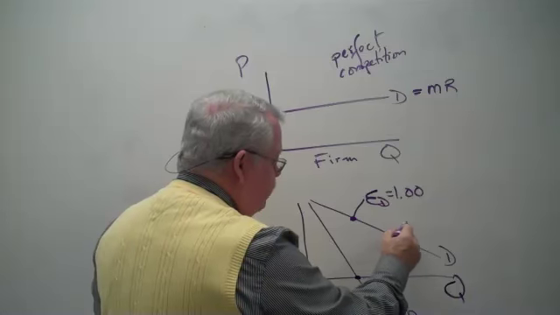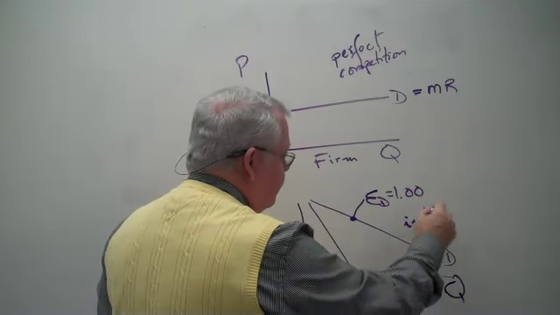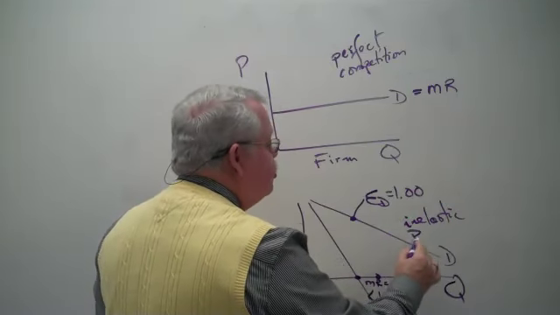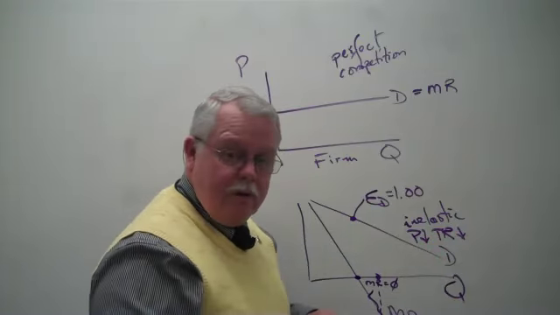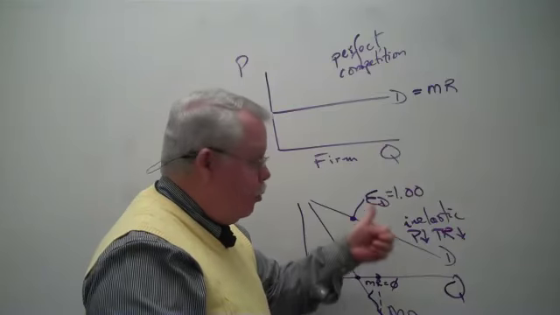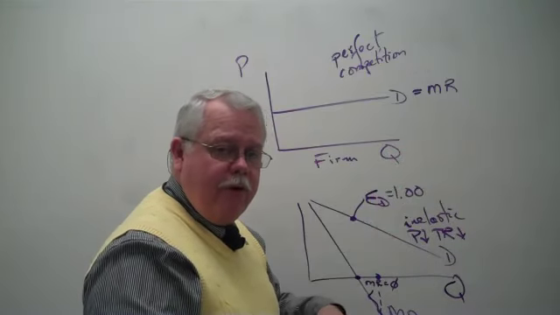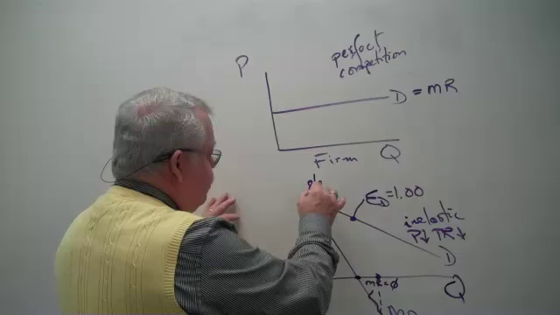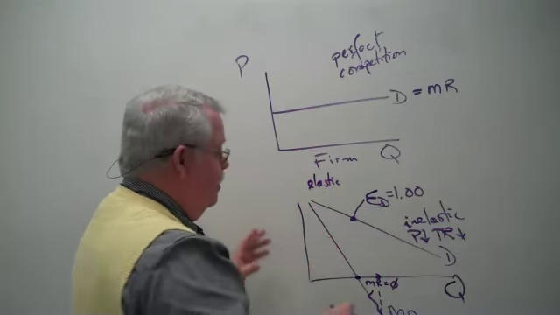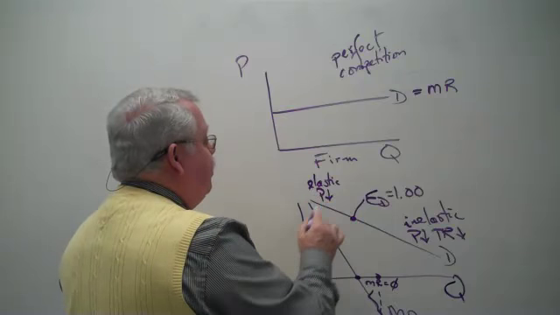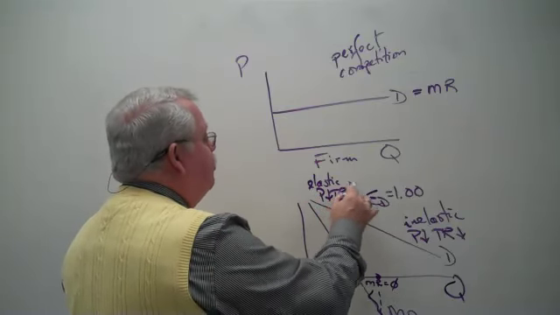And down here, demand is inelastic, which means when you change the price, your total revenue moves in the same direction. You raise price, total revenue goes up, you make more money. Up in the elastic range of the demand curve, which is where you're going to operate, when you change the price, your total revenue goes in the opposite direction.